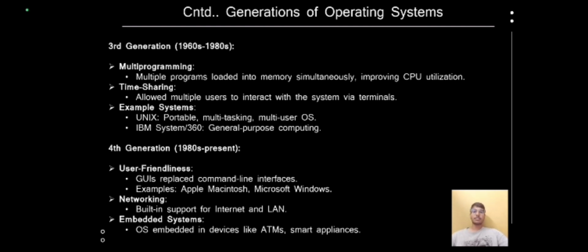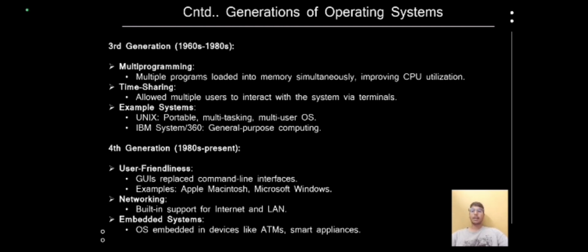In the fourth generation, starting from the 1980s and continuing till today, operating systems became friendlier with the advent of graphical user interfaces, or GUIs. This marked the rise of personal computers, making technology accessible to the general public.